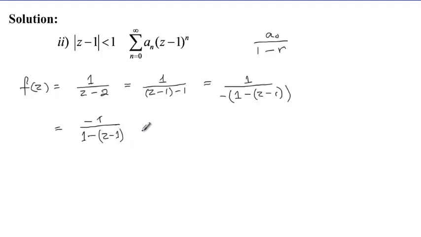To organize this more nicely, we write minus 1 outside the brackets, and in the square brackets 1 over 1 minus z minus 1.